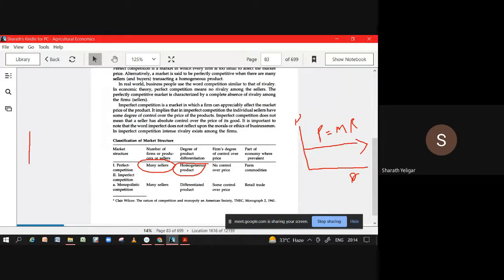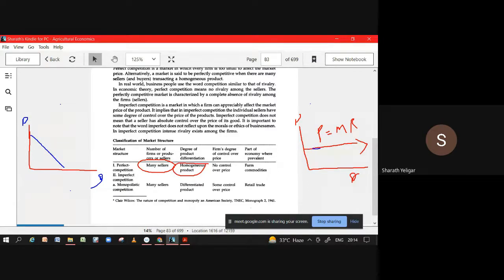But when we see an imperfect market, the demand curve will be downward sloping. Okay, means as price increases, quantity demanded decreases. So this is the basic difference between perfect market and imperfect market. Okay, that is what you should understand for JRF.